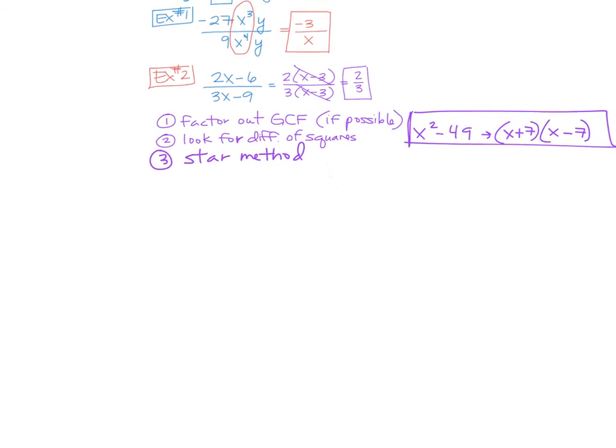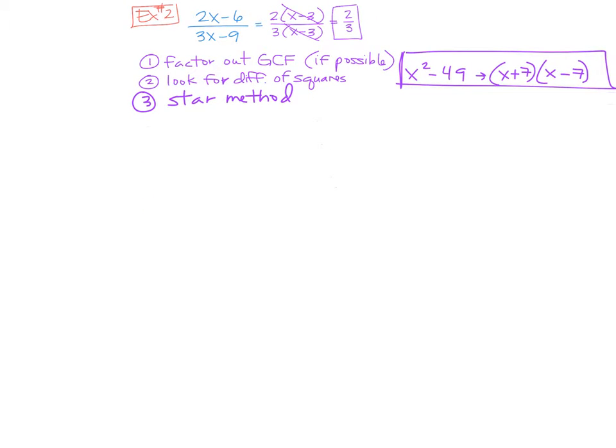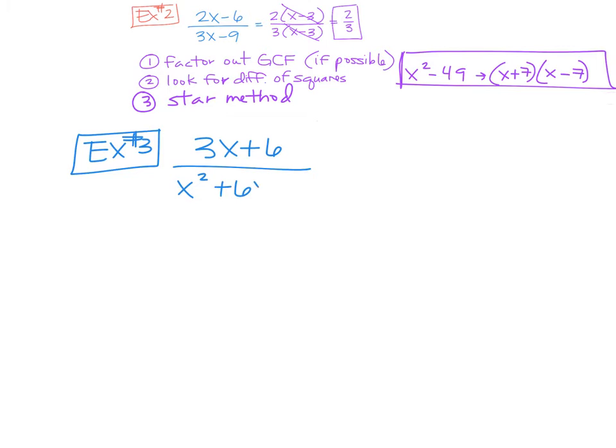All right. Let's take a crack at it. If I have 3x plus 6 over x squared plus 6x plus 8. So the first thing we said was we want to factor out the GCF if there is one.